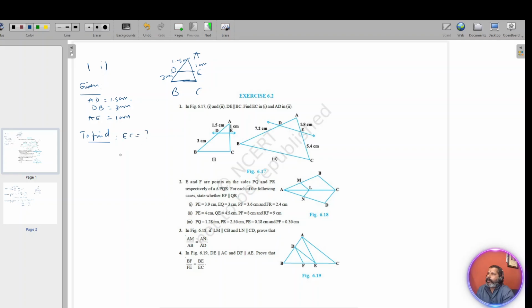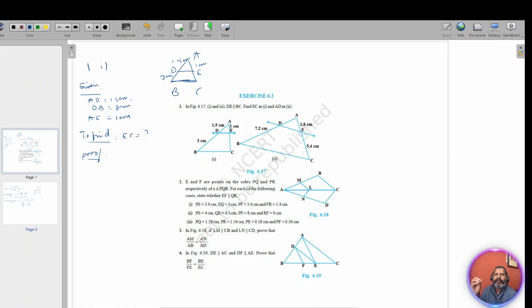EC equal to question mark. Then we'll say, see why I'm writing this: if you solve triangles problems or in general geometrical problems in the form of theorem, even if you don't know the required part of the answer, if you write the statements like this, at least you will get few marks.